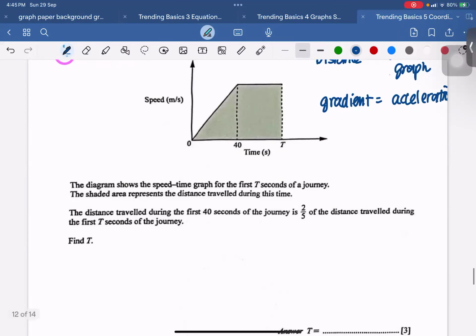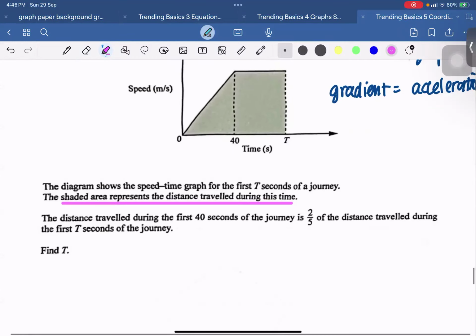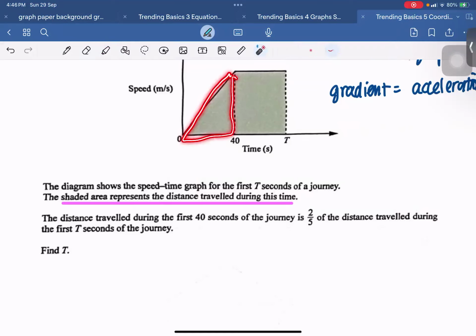The question says the shaded area represents the distance traveled. It already gives you the concept. The distance traveled in the first 40 seconds is 2/5 of the distance traveled in the first t seconds of my whole journey. Find t.